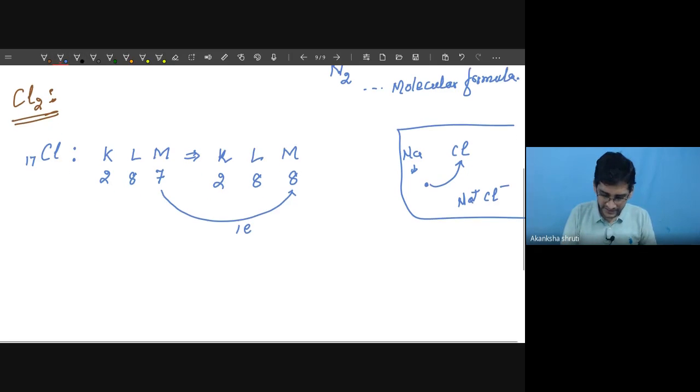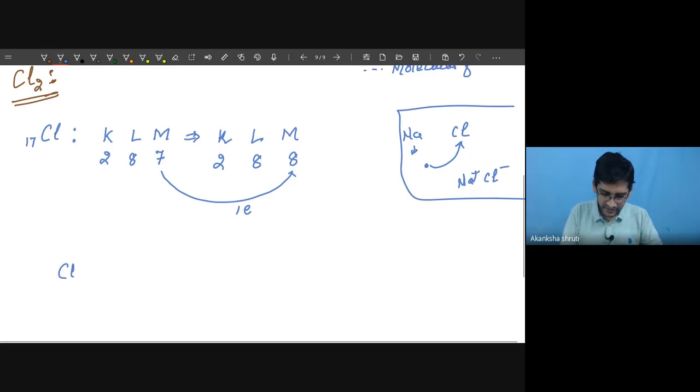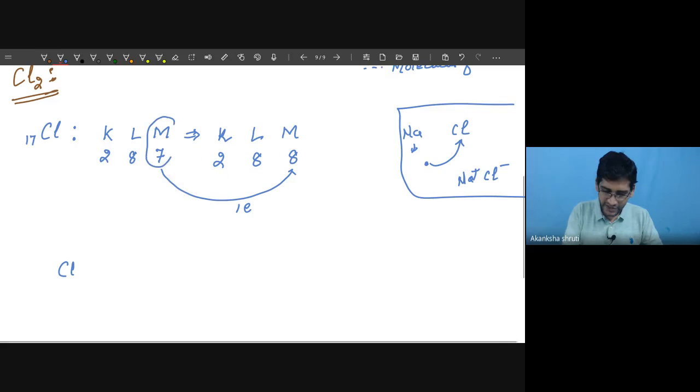For that, again take this chlorine and draw the 7 valence electrons: 1, 2, 3, 4, 5, 6 and 7. Take the other chlorine and draw its valence electrons: 1, 2, 3, 4, 5, 6, and one more to be drawn, 7.